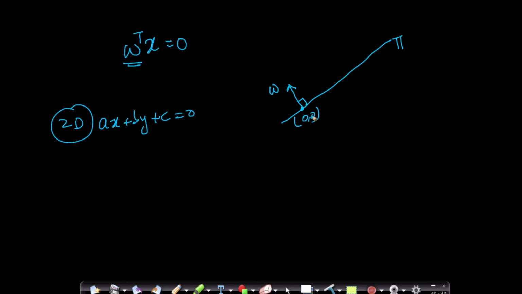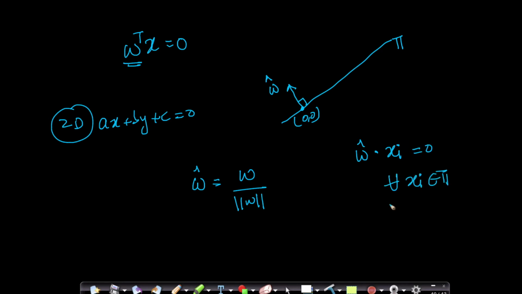That's important. Okay. So one thing that people often do is, whether I have W or the unit vector W, what is the unit vector W? Unit vector W is nothing but W by the length of W, right? Even then, my W dot any xi will be 0 for all xi belonging to my plane, right?